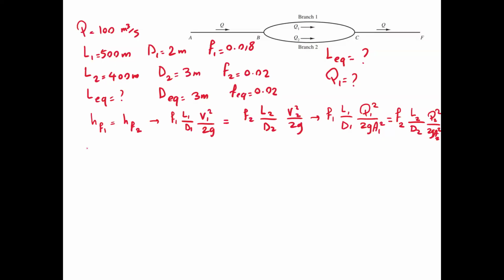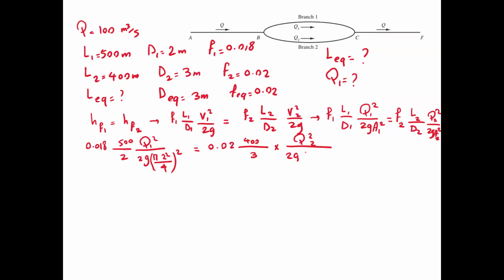So I think I have the numbers here. 0.08, L1, D1, Q1, I'm keeping that. 2G, pi, 2 square over 4 equal to 0.02, 400 over D multiplied by Q2 over 2G, pi, D square over 4.